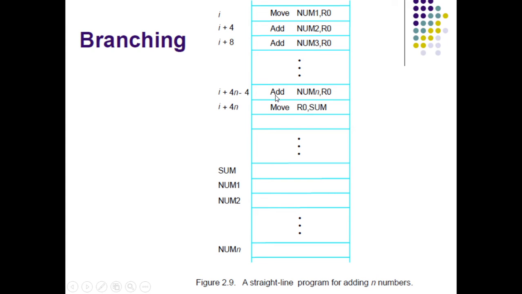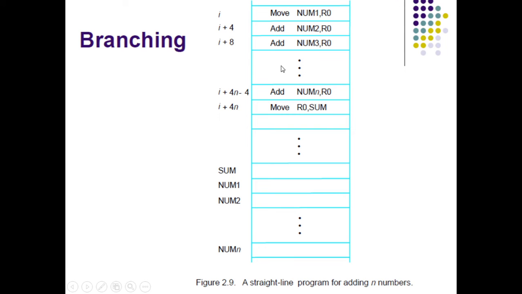Total n number of times. And finally, the total sum value is accumulated here in the R0 register. So we need to move that value from R0 to sum, the memory location labeled as sum. So this is the case of executing this program code for finding the sum of n consecutive numbers.